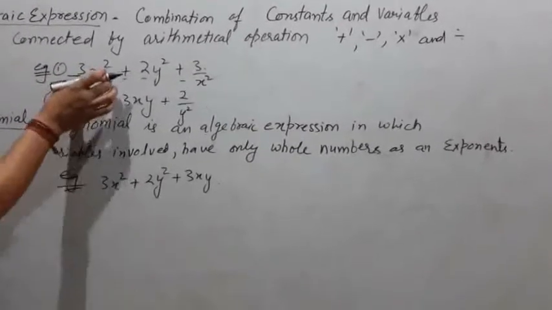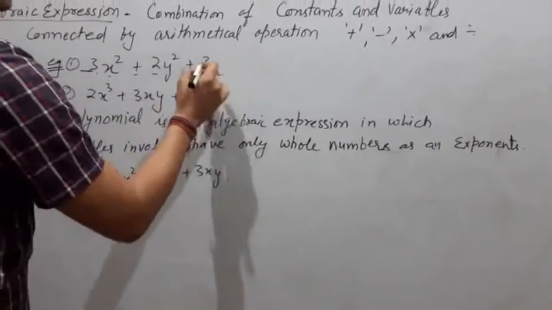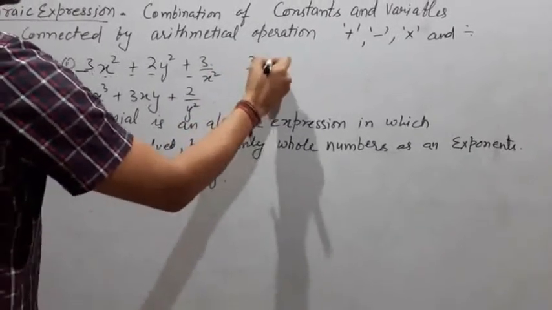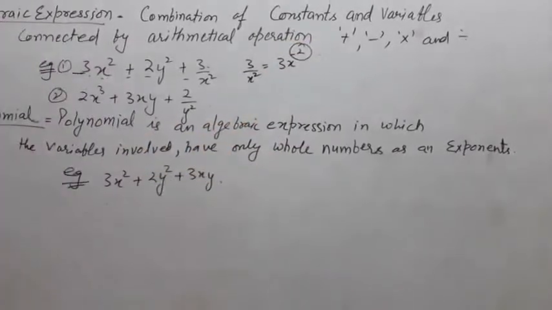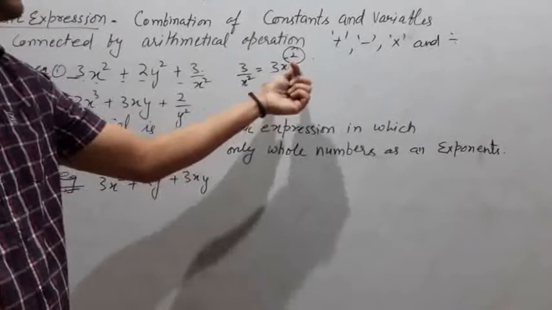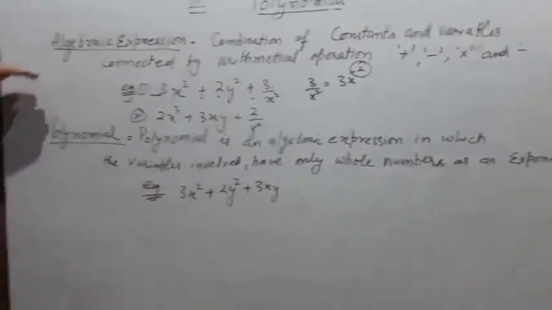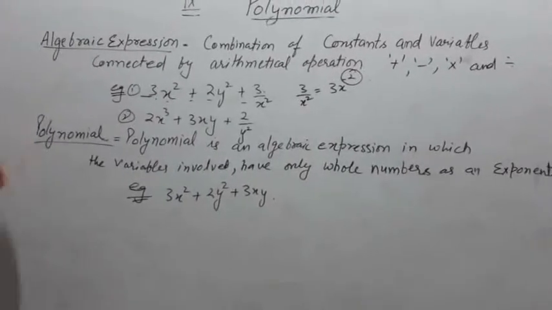The difference between these two is that here we use 3 by x squared, means 3 by x squared is equal to 3 into x raised to power minus 2. So you observe the exponent of x is not a whole number. So we can say that every polynomial is an algebraic expression, but every algebraic expression is not a polynomial.